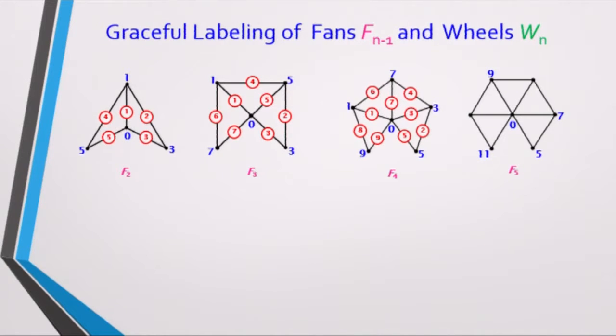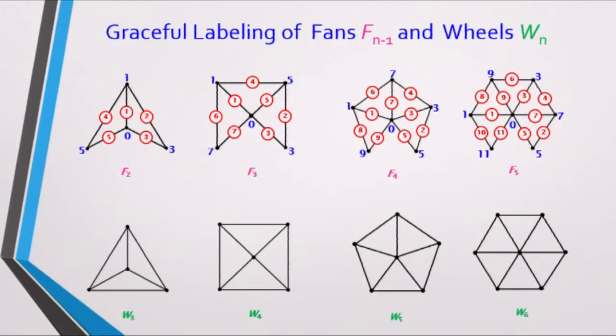As I said before, wheel graphs and fans, the only difference is that one of the edges is missing in the fan. So going from this one to that, how do we label? Everything will be the same up to this point, as you can see, 1, 0, 5, 3.